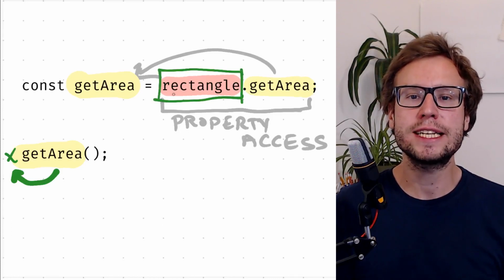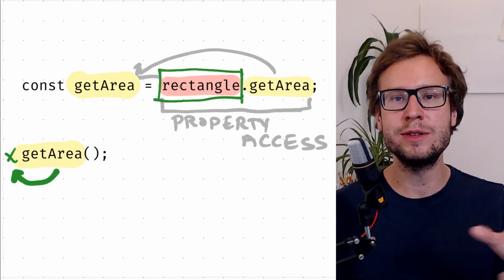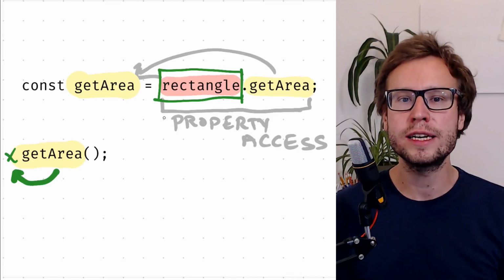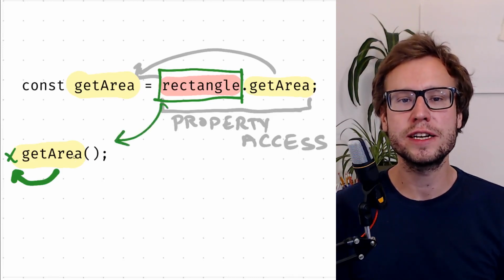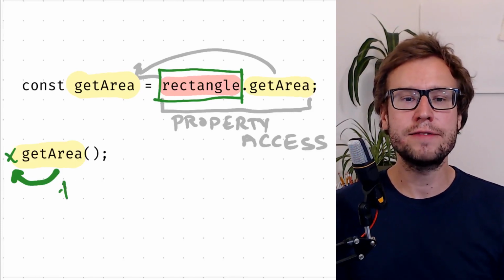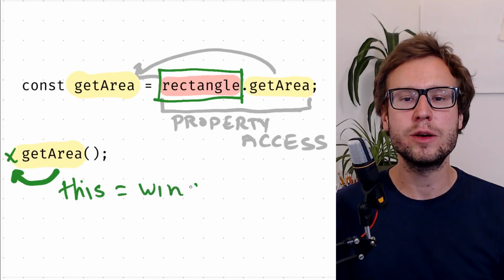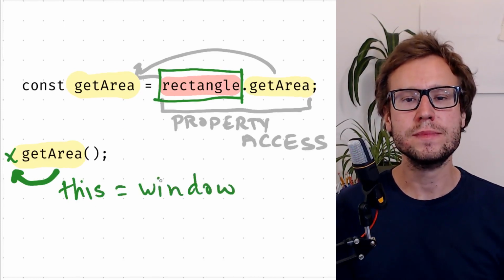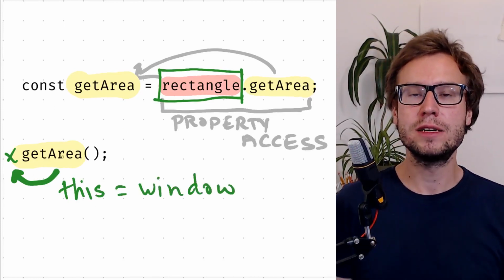We just left the rectangle on its own there. It didn't get brought along into our function call here. That's why we're not going to have a value in this to put, so it's going to end up being the window reference just because it's not there.